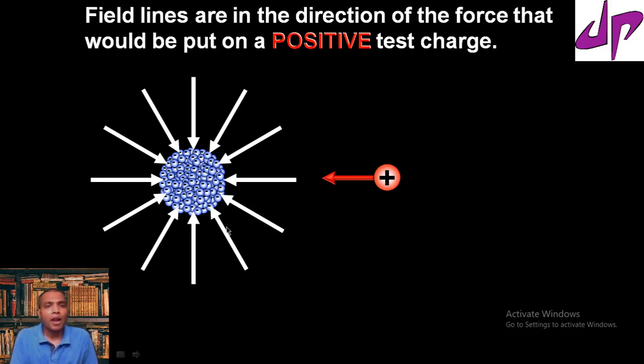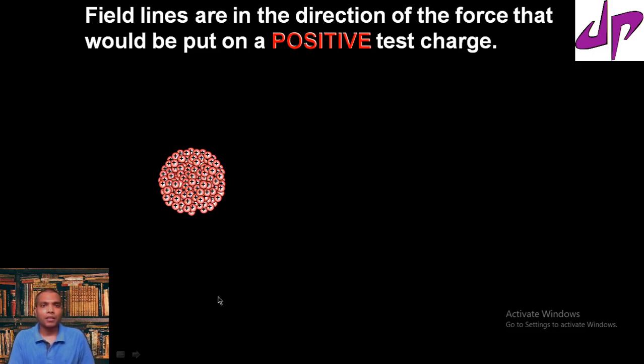If you have a source charge, whichever type it is, to know the electric field lines you need to bring a positive test charge. In whichever direction the force acts on the positive test charge, in that direction only the electric field lines exist from the source charge.